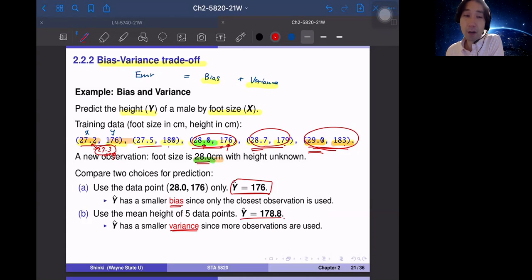But if we take the average of 5 people, at least it's not very unstable. So it's kind of stable, so the variance is small. We don't know which is better, but at least we can say A has smaller bias, B has smaller variance. Or we can say A has larger variance and B potentially has larger bias.